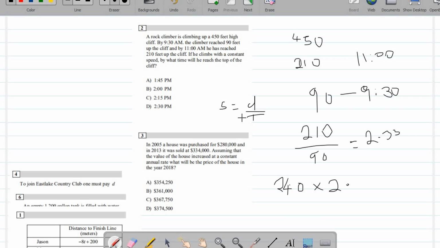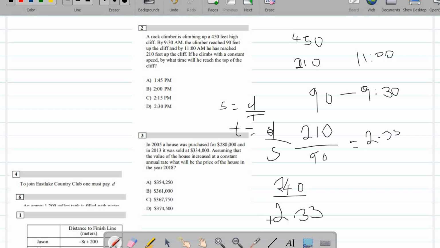That means time is equal to distance over speed. So we're just gonna do 240 divided by 2.33, and I think that will be our answer.